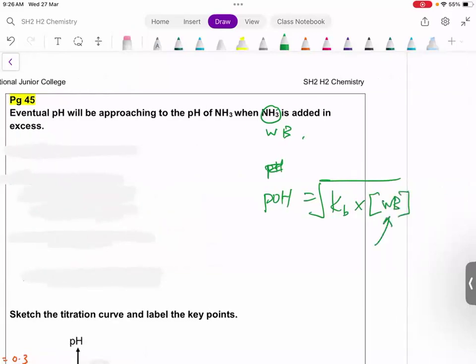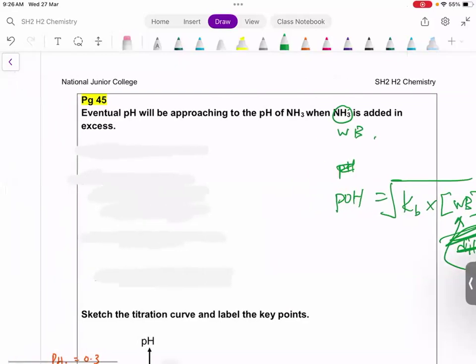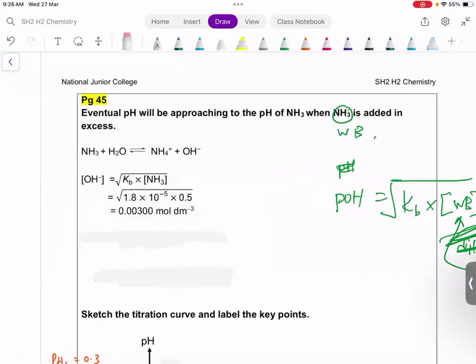And this must consider dilution. All right, so if you are really calculating, the dilution is halved. No, okay. You cannot consider dilution because it's already in excess. You can just use the original initial concentration, then it will tend towards this value. So if you do a calculation, it will tend towards this value.